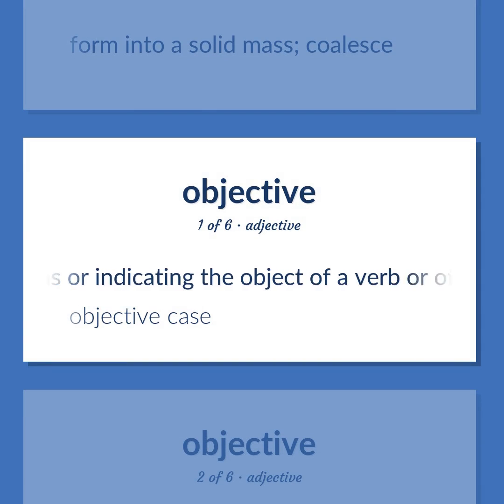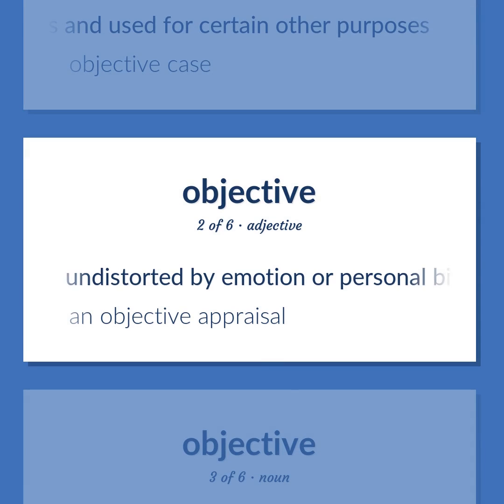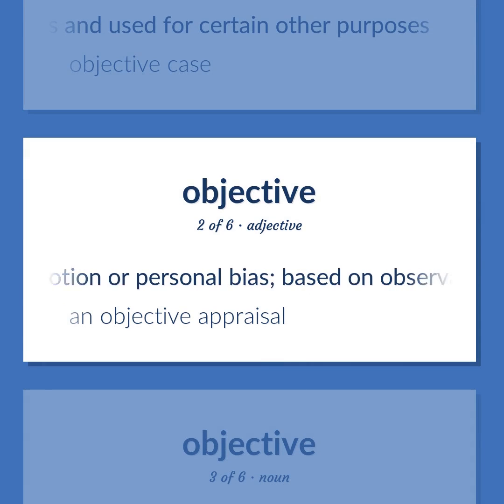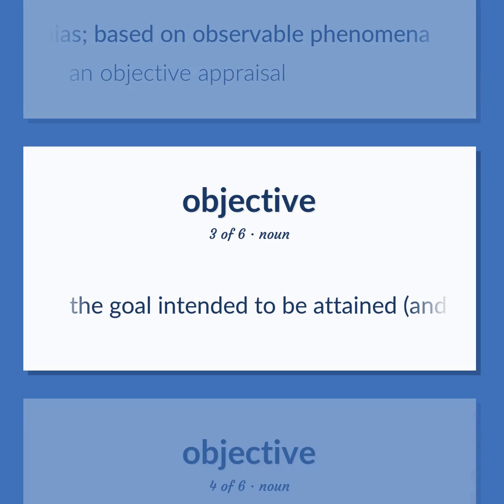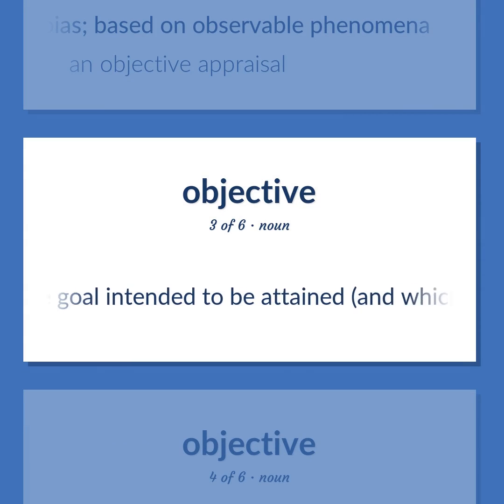Objective: serving as or indicating the object of a verb or of certain prepositions and used for certain other purposes. Objective case. Undistorted by emotion or personal bias, based on observable phenomena. An objective appraisal. The goal intended to be attained, and which is believed to be attainable.